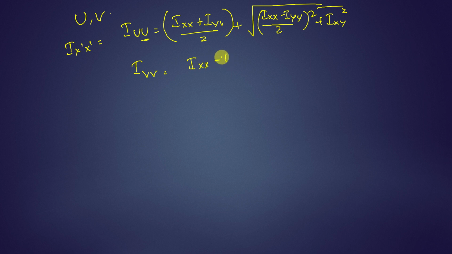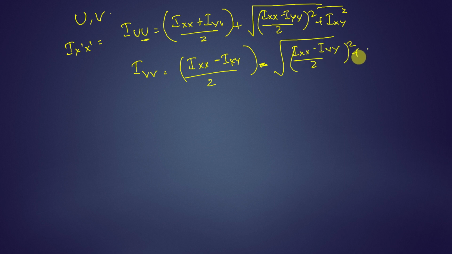So we shall see in the next video Mohr's circle for principal moments of inertia. So this will be minus, entirely the same terms, but only the negative sign will be introduced in place of positive. Ixx minus Iyy by 2 whole square plus Ixy square.